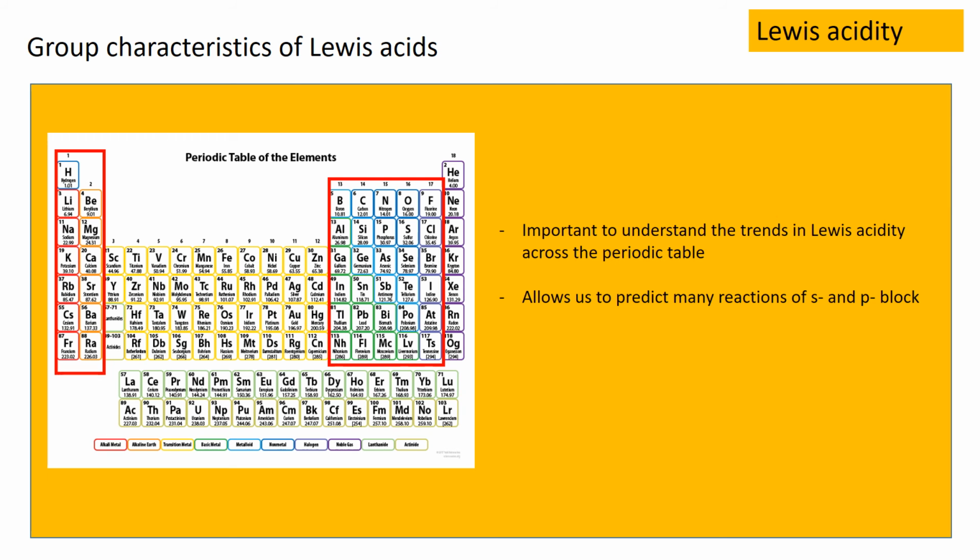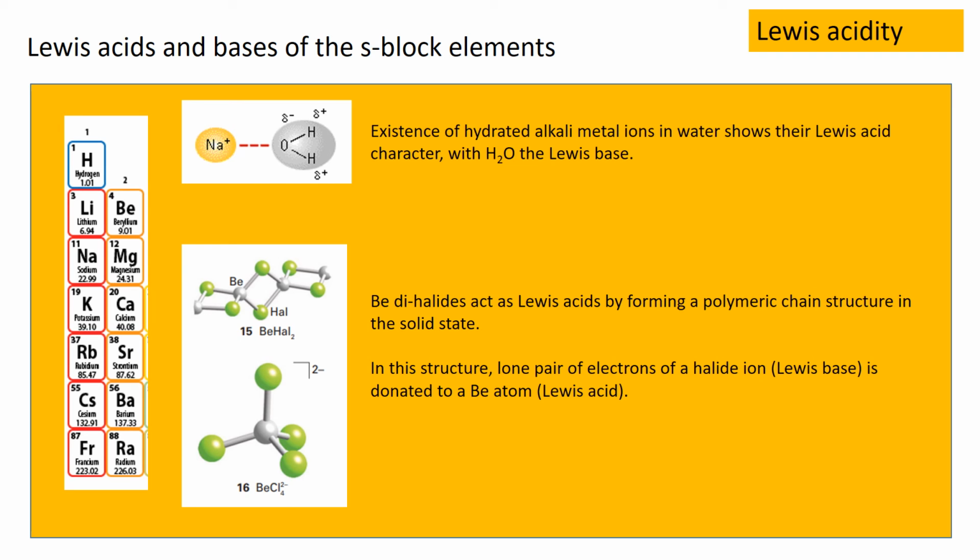Now we can look at the periodic table and we can understand some of the trends in Lewis acidity as you cross the periodic table, and it allows us to predict a lot of the reactions that s and p block elements will undergo. So in the first two groups of the periodic table, think about what happens when you put sodium into water.